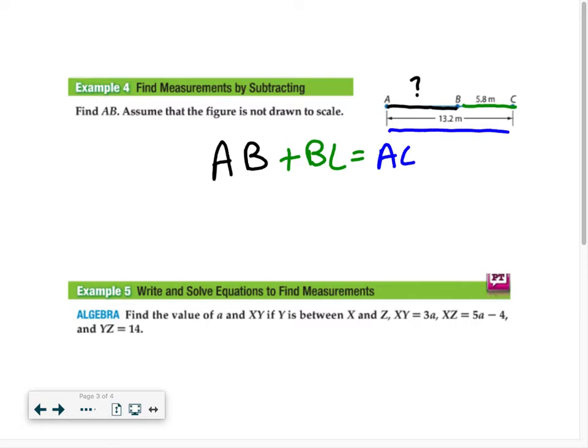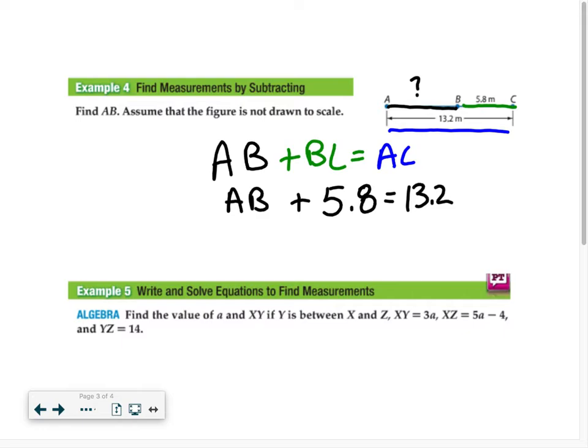So we can use substitution. AB, which is what we're looking for, plus BC, which we're given is 5.8 meters, equals AC, the entire segment, which we're given is 13.2 meters.